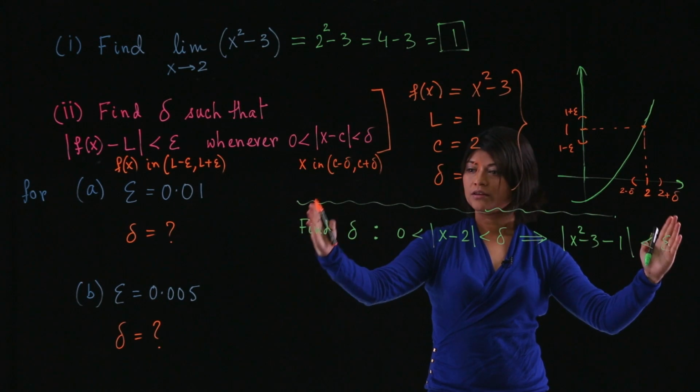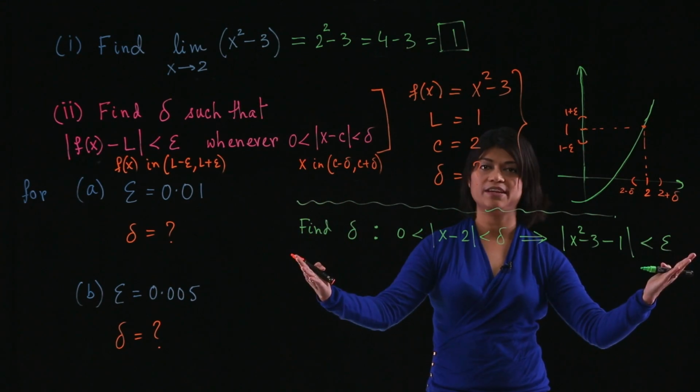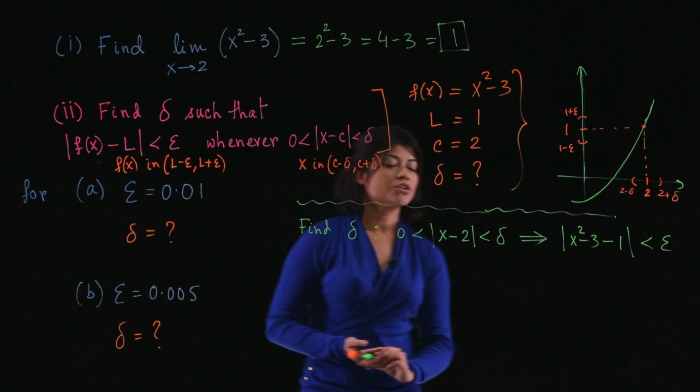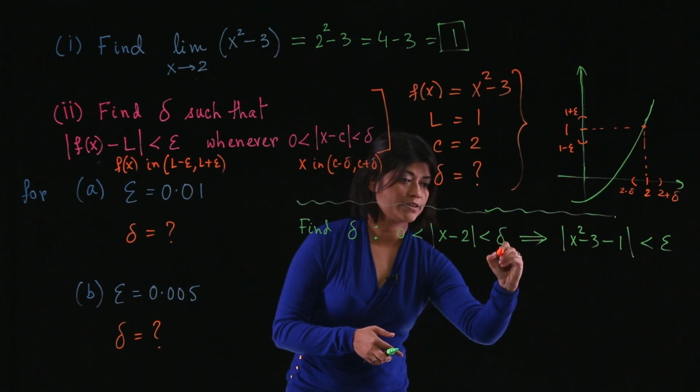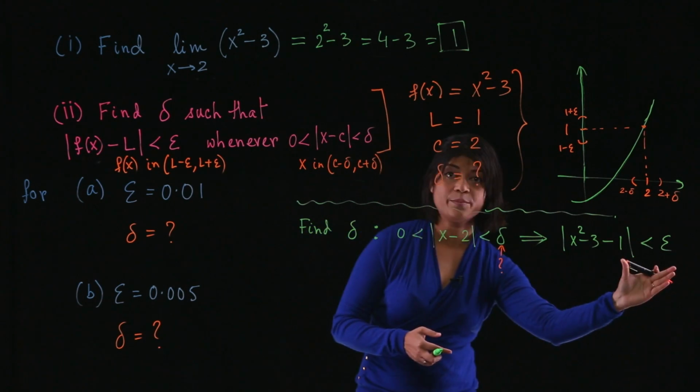So let's just find delta for any given epsilon.